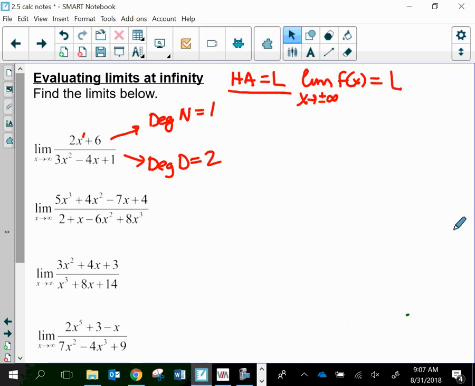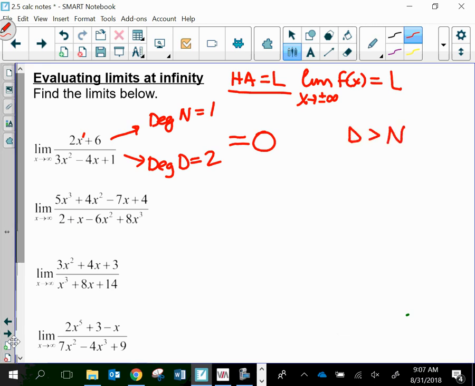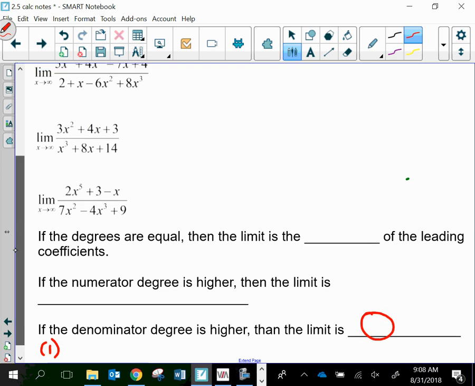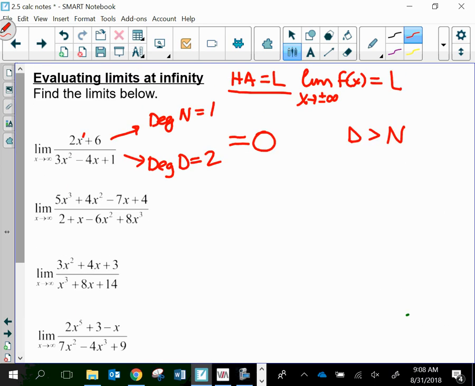All right, so that's the rule. Denominator degree is greater than numerator degree. So if the denominator degree is higher, then the limit is 0. Okay? These are the same rules we use for pre-calc. If you don't remember, you just have to revisit those.